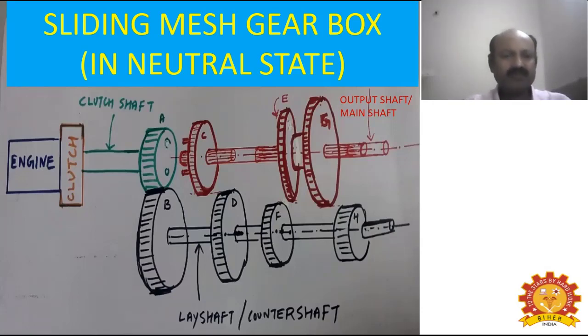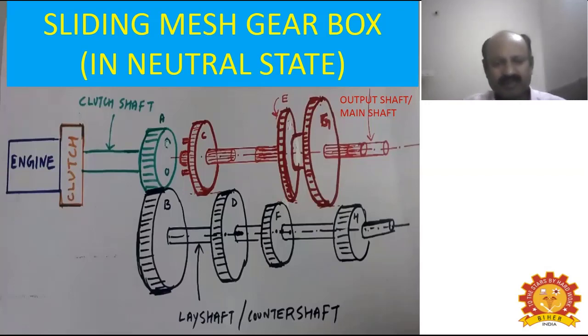The biggest gear of the lay shaft is in permanent mesh with the gear available on the clutch shaft. So whenever the clutch shaft is rotating, the lay shaft is rotating. Since four gears are attached to the lay shaft, all four gears will be rotating. B, D, F, H are marked. All these four gears are rotating.